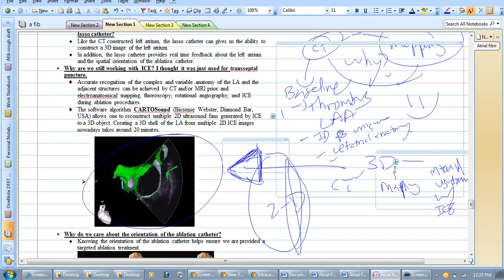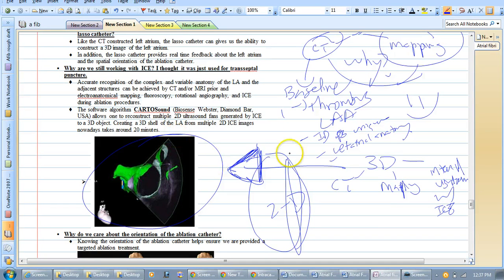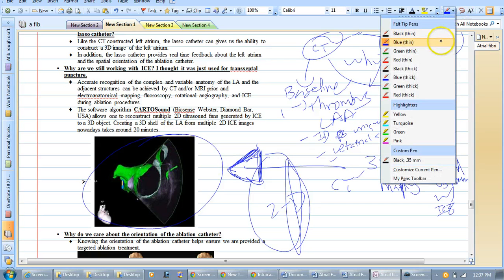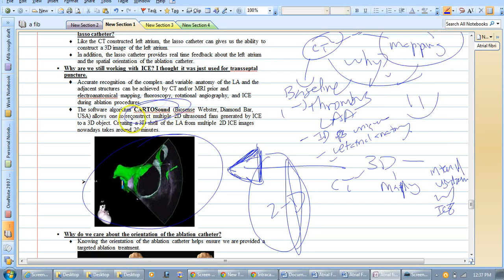And by doing this, it gives us a more accurate representation of the internal aspect of the left atrium. And a technology that's commonly used is CARTOSOUND, okay? So it's a software algorithm that puts together the 2D with a 3D.